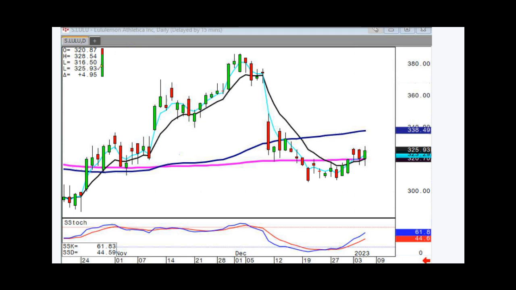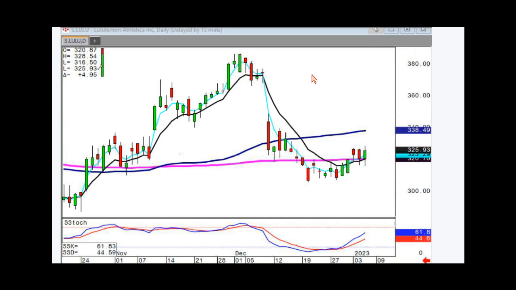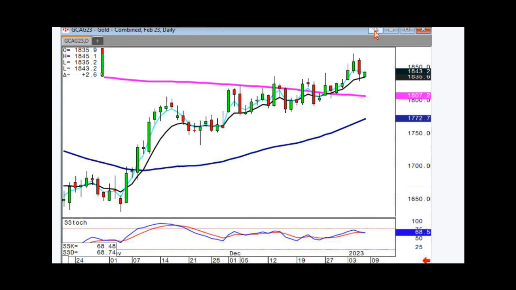Gold, is that what we're looking for? What the heck is going on here? Yeah, so gold is just kind of slowly meandering up.